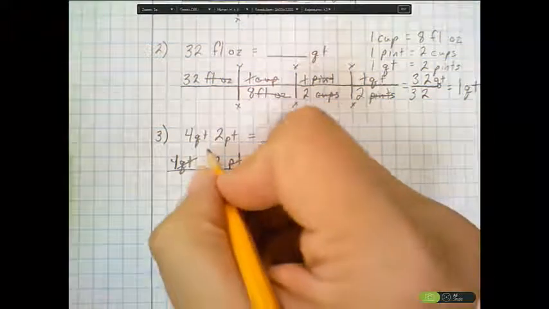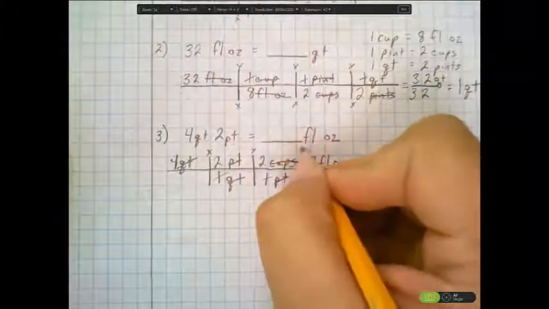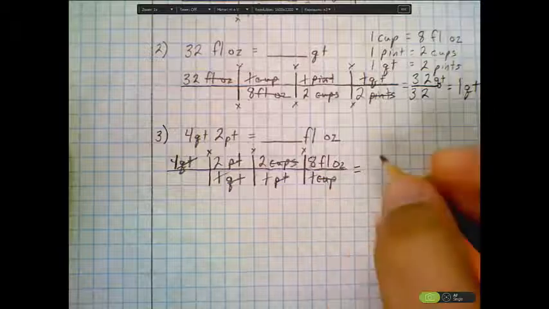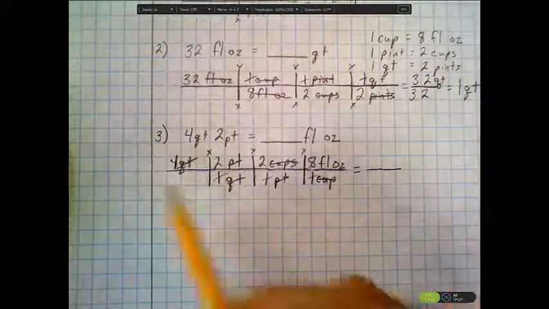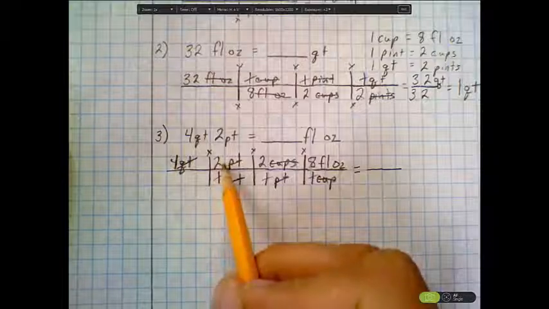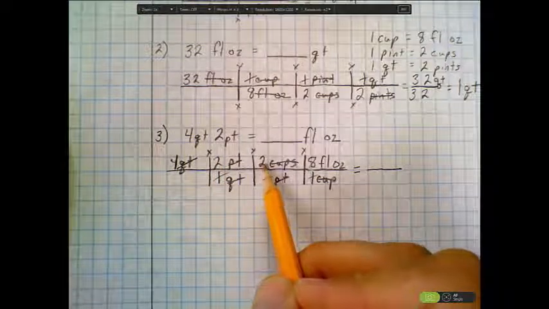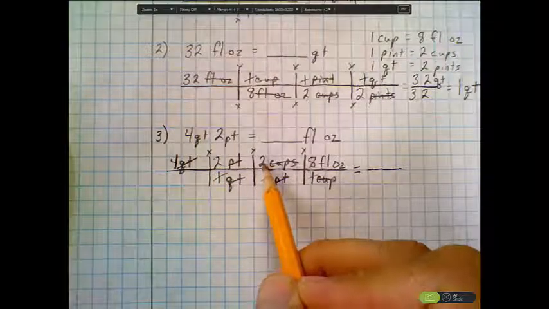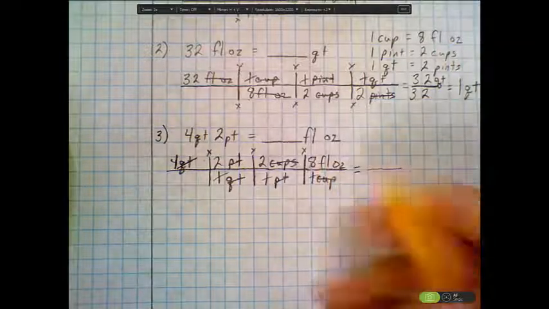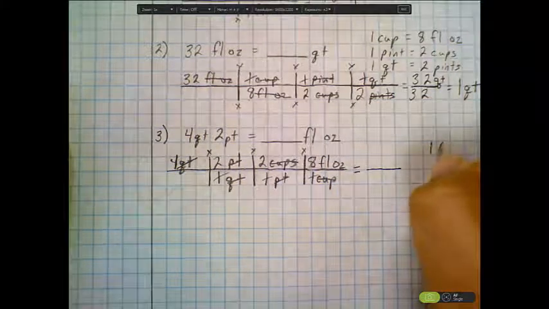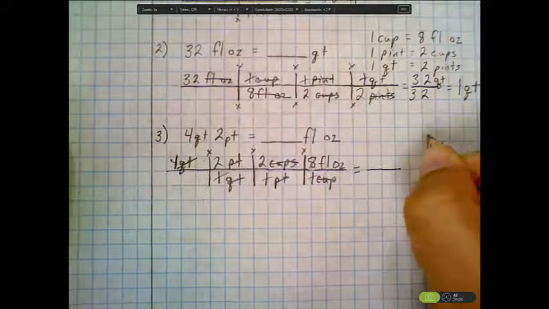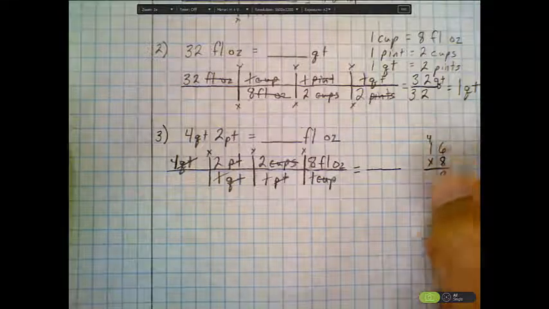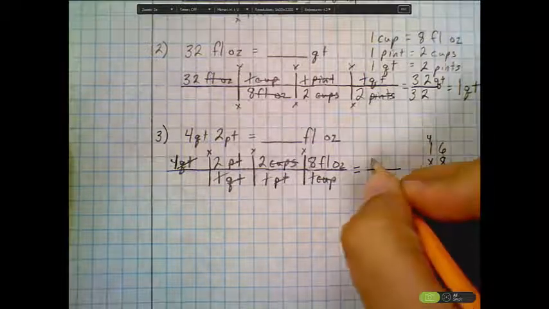And then we need to multiply across the top. Multiply across the bottom if we need to. In this case, we won't need to because everything's already been canceled out. So we have 4 times 2 is 8. 8 times 2 is 16. And then 16 times 8, well, I can't do that one in my head, so I'm going to have to write that over here. 16 times 8 is 128.